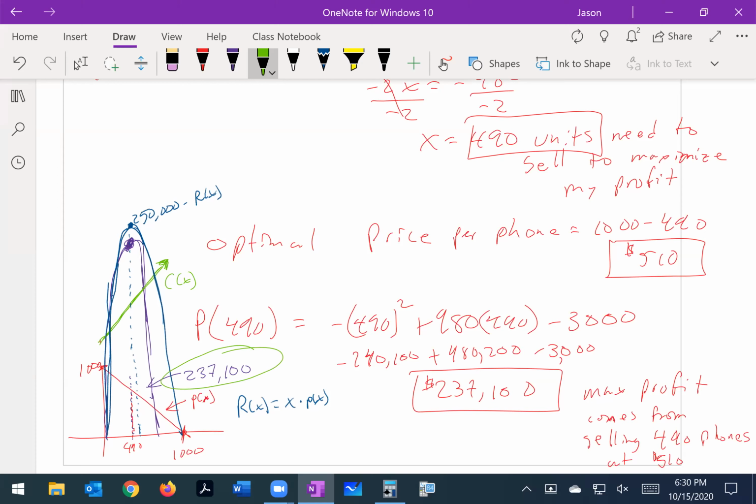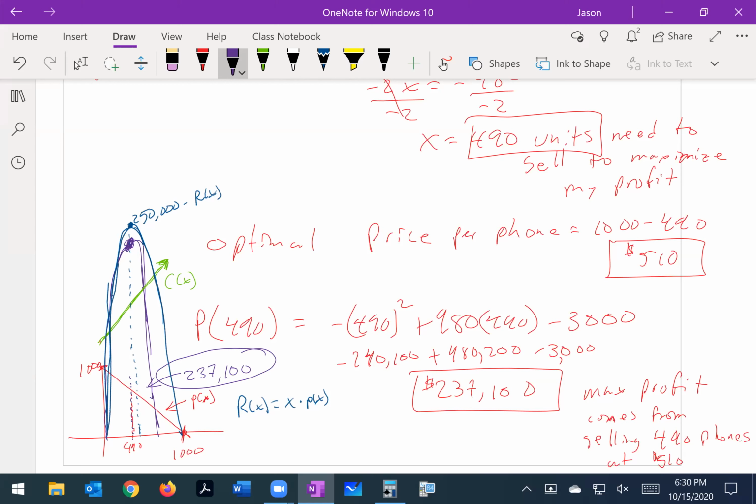You can kind of see how these things work together. If you were to graph them all, it might get a little confusing, especially since we have 4 graphs superimposed on each other.